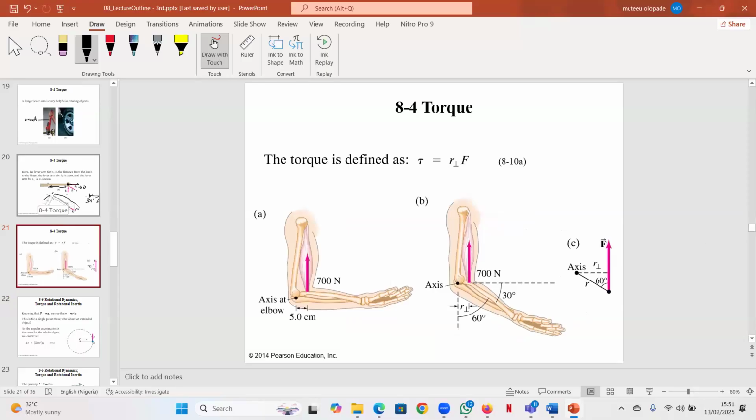So now we move on to the arm. If you are using your arm to pick up something, maybe a mass of, let's say, 500 grams, you can see the force is perpendicular to the point of rotation, which lies along this way. The load is here.